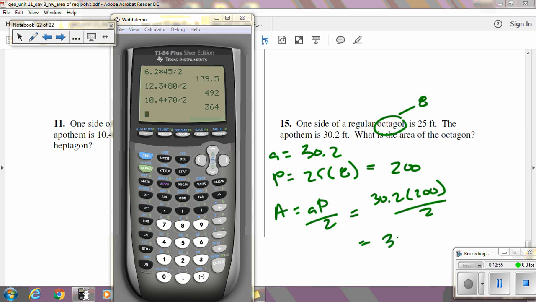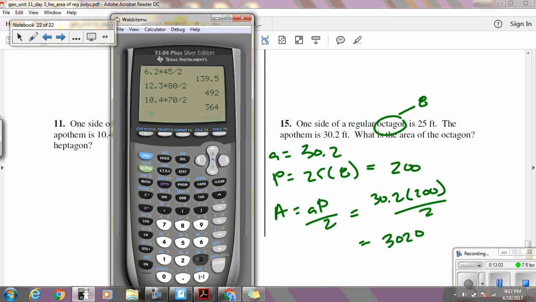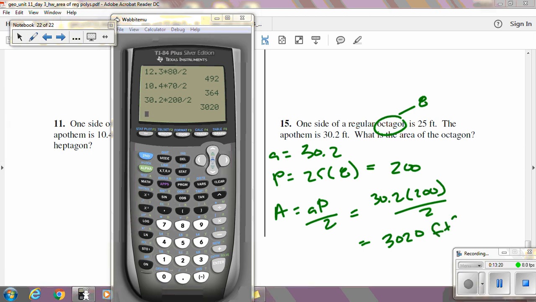So that'll be 3020. Feet squared. And this concludes our tutorial. Good luck.